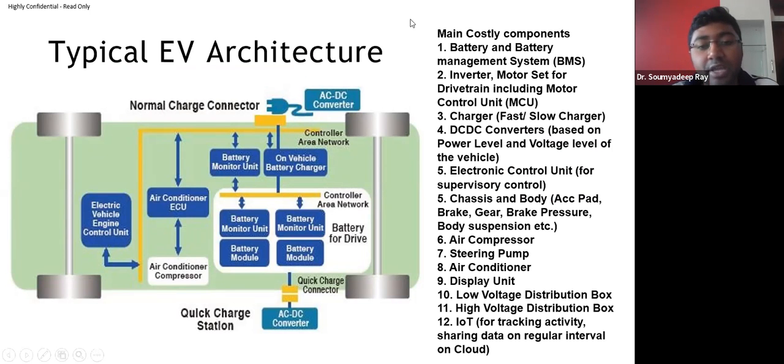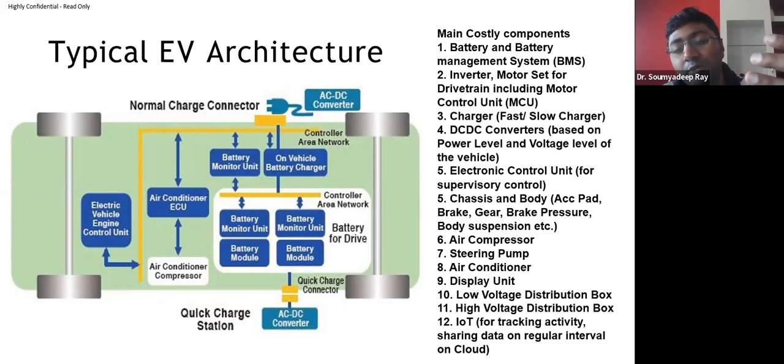Another major thing I want to share is that there are communication mediums between all the modules, and mostly on the vehicle side it is communicated with a protocol called CAN, Controller Area Network. Basically, I want to speak to you and I am speaking in a language called English. It is the same kind of thing.